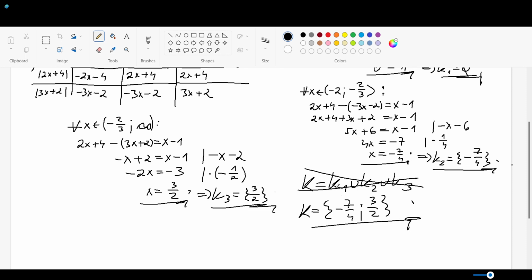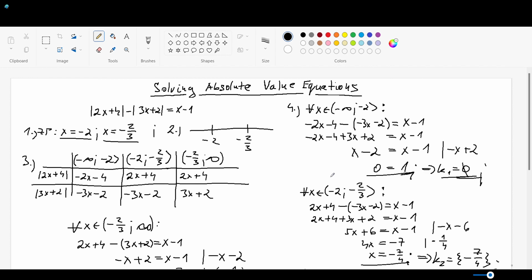Okay, guys, this is almost everything about solving absolute value equations.